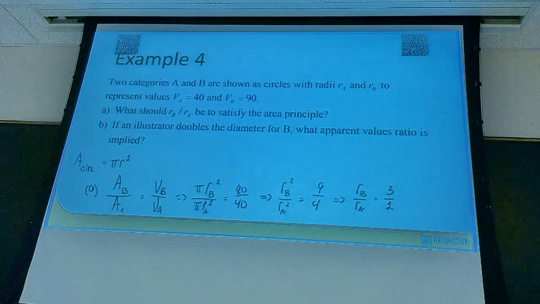If an illustrator just doubles the diameter for B, what apparent ratio is implied?